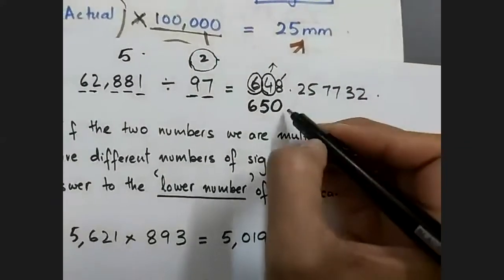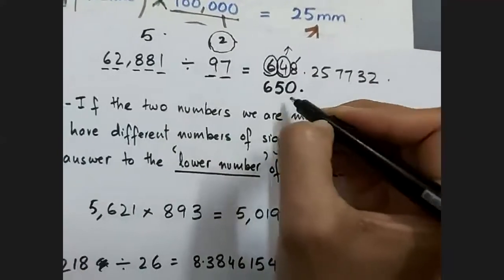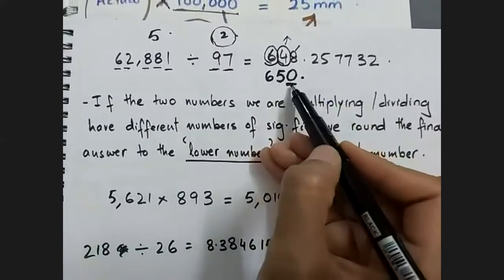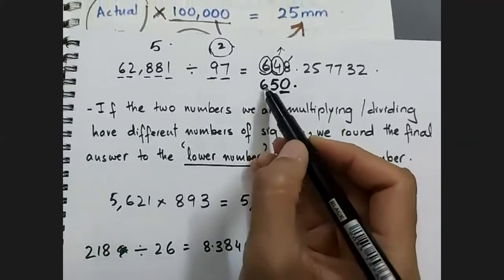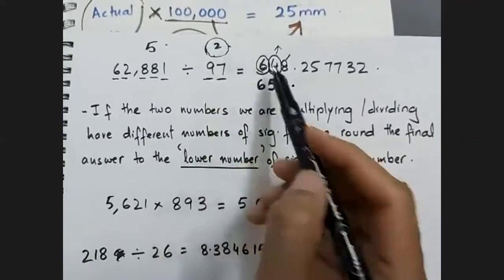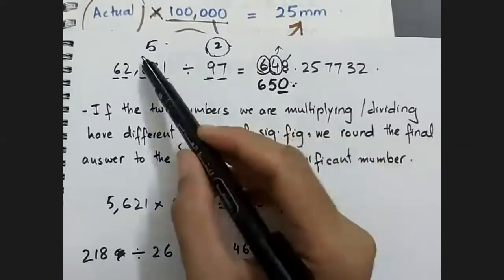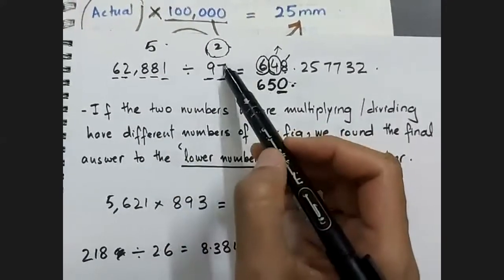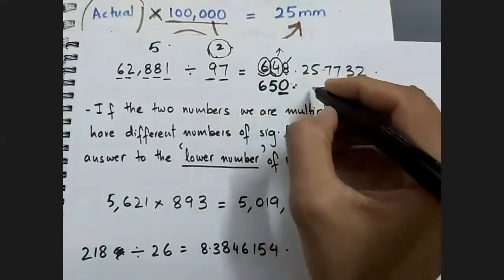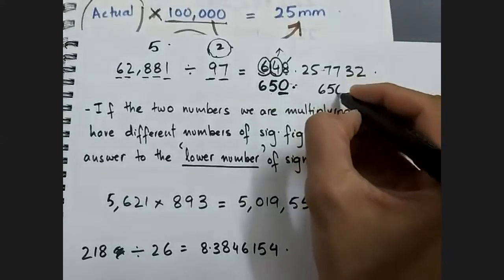Why? Because if I put a decimal, then this zero also would become significant, and that means the answer has 3 significant figures. But the answer should have only 2 significant figures. Answer cannot be more significant than any of the factors. Remember. So my answer would be 650 without any decimal.